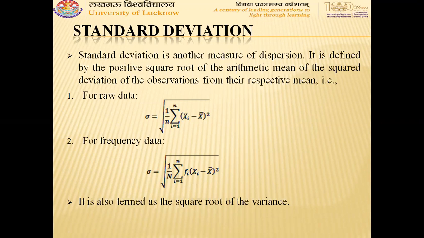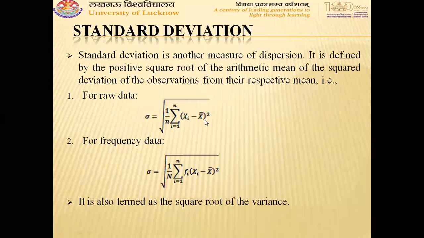That is, the square root of the average of the squares of deviations of observations, that is xi minus x bar whole square, from the respective mean.